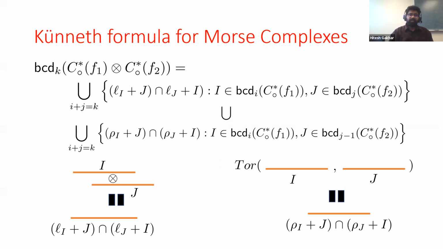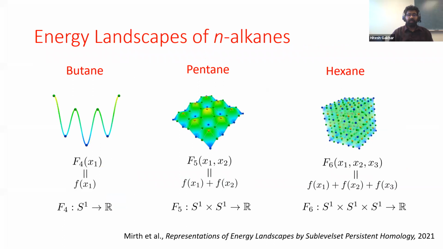So what it did was it allowed them to write energy representations, or barcode energy representations, of every alkane in terms of the energy representation of butane, because if you remember the OLPS slide, every function was the sum of f of an independent variable, where f was the energy function for butane, as we see, right?